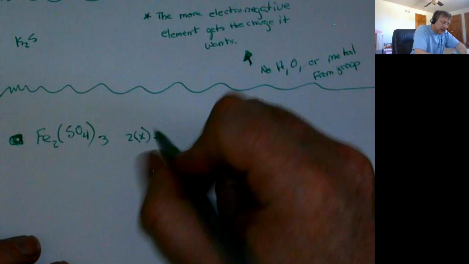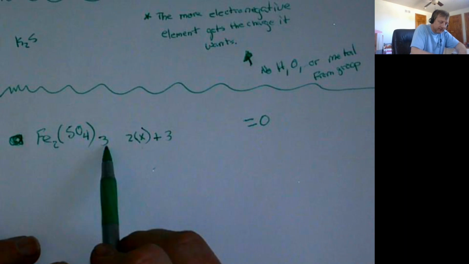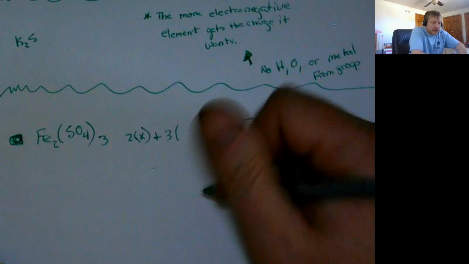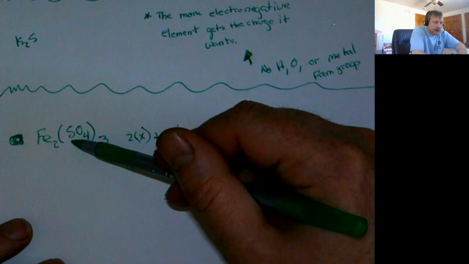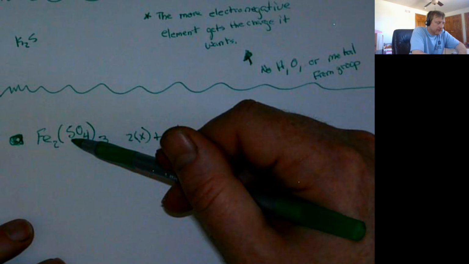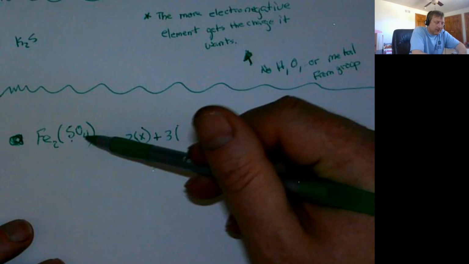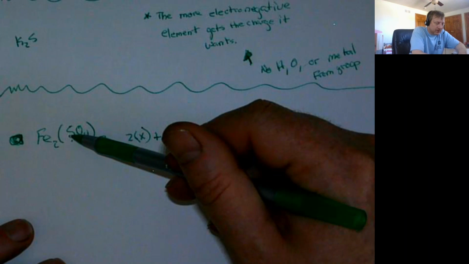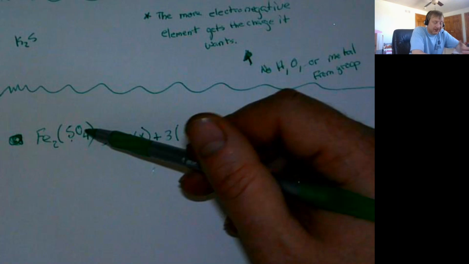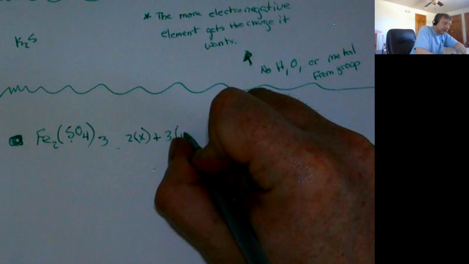In this case, we have 3 of these groups, so we have 3 sulfur atoms. For sulfur, the only rule that can help us with a nonmetal that's not oxygen or hydrogen is that the more electronegative element gets the charge it wants. Oxygen is more electronegative than sulfur, it's closer to fluorine, so sulfur doesn't get the charge it wants, and we don't know what charge it will get.